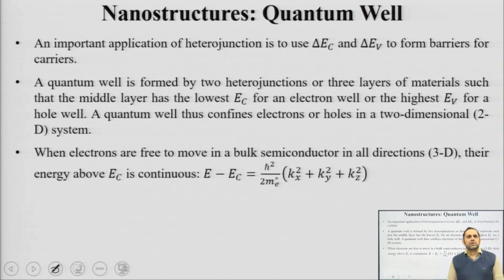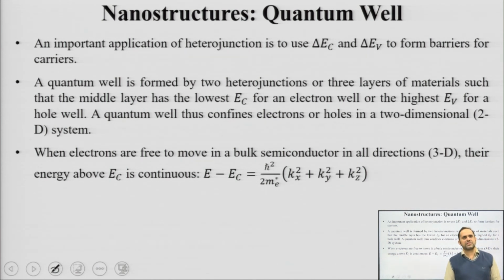So, to use the differences in the EC and EV, the conduction and valence energy band levels, these changes in the relative energy band diagram can form barriers for carriers. So, your charge carriers, electrons and holes, can encounter local barriers within a semiconductor material.